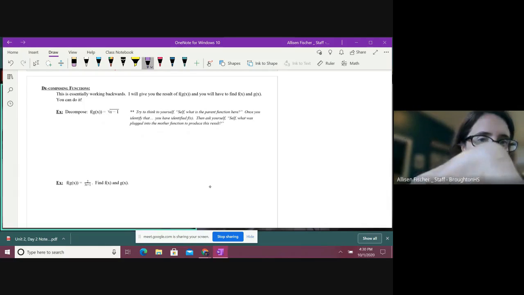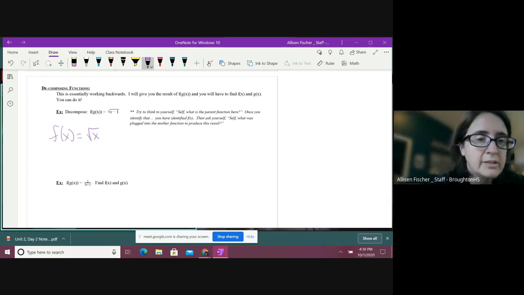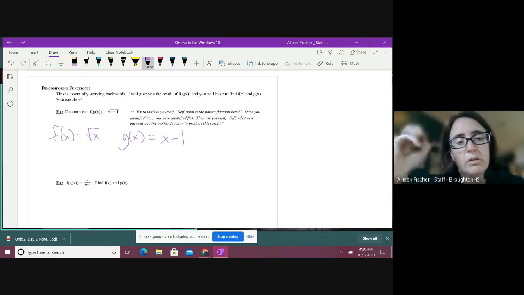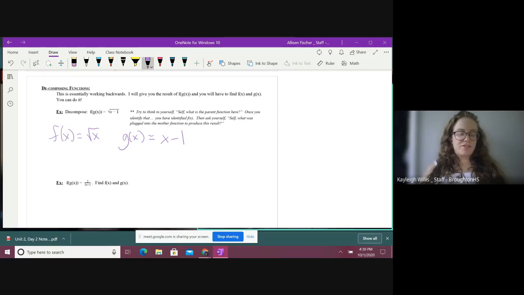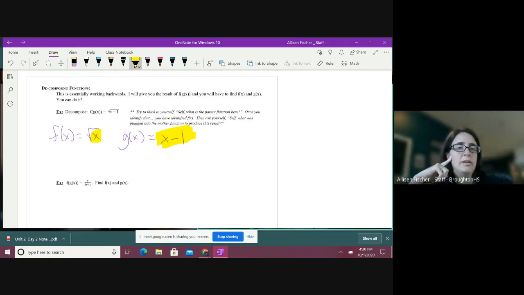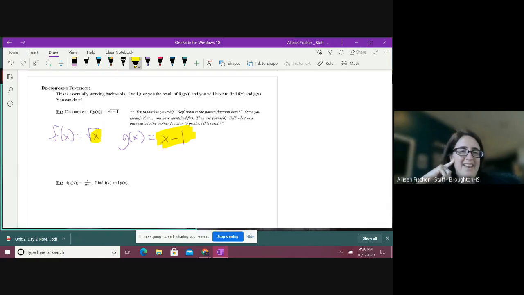So probably one of my functions was square root x, and the other one was a new input of x minus 1. Okay. So you can check your answers too. I should be able to plug g into my f function and get the original problem. Yes, x minus 1 would be the input that you would put into the parent function root x to get the original up here.